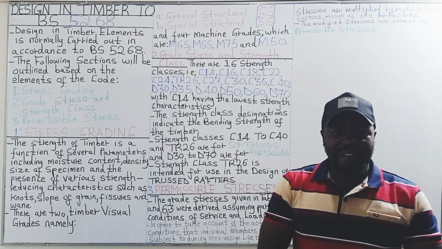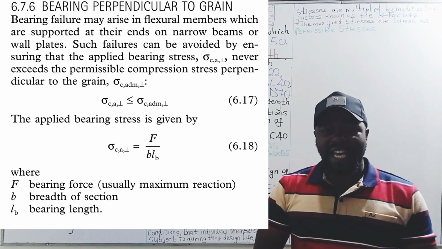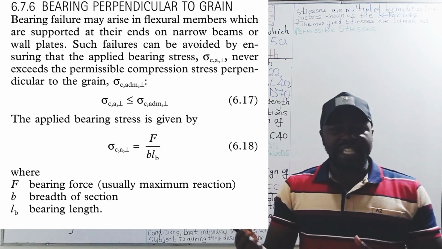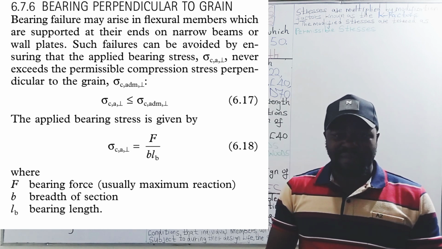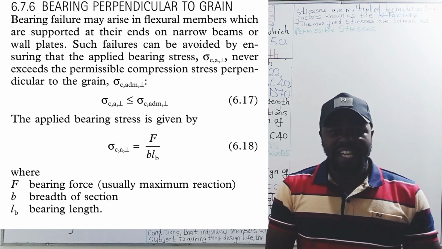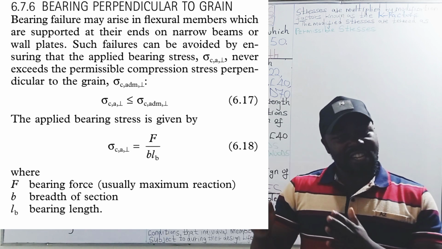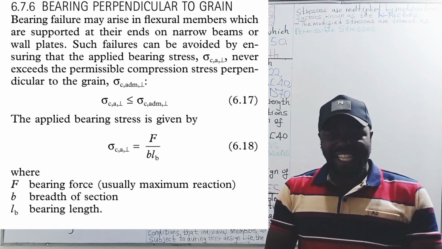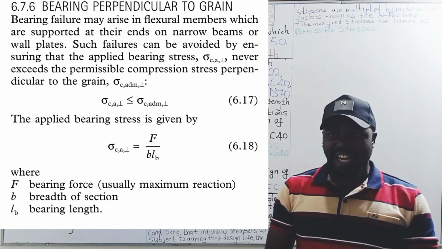Then we go to number 5, that is bearing perpendicular to grain. Bearing failure may arise in flexural members which are supported at their ends on narrow beams or wall plates. Such failures can be avoided by ensuring that the applied bearing stress never exceeds the permissible compression stress perpendicular to the grain.